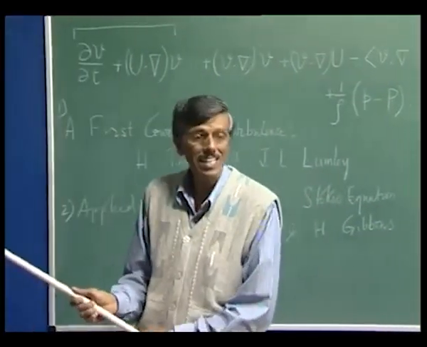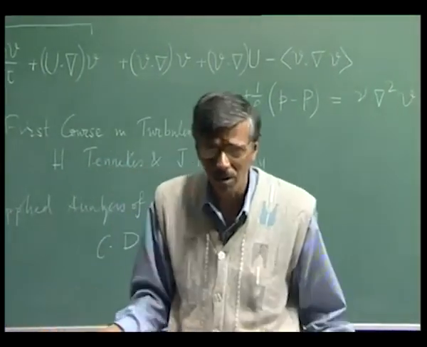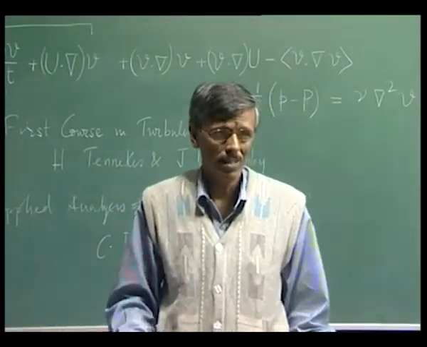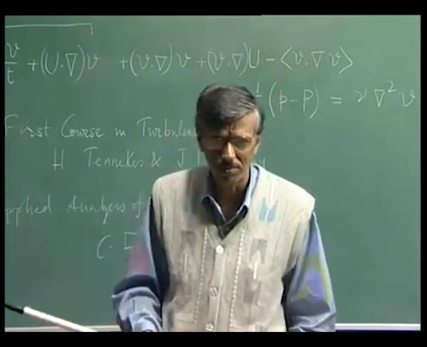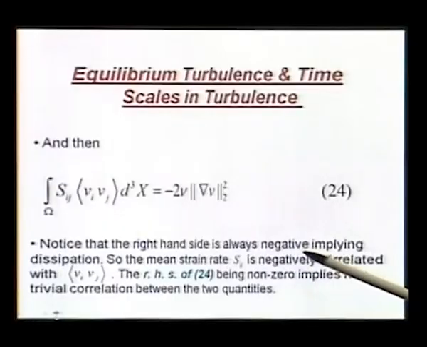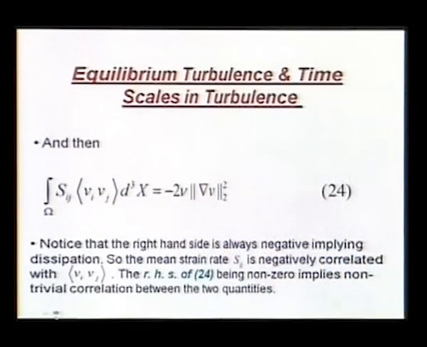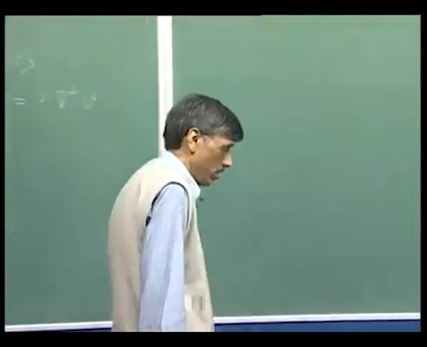So, basically that is why most of the turbulence models are modeled simply as an overall dissipative phenomenon, right. That is what the sign implies, that it is dissipation. It also shows that they are not completely uncorrelated, right.